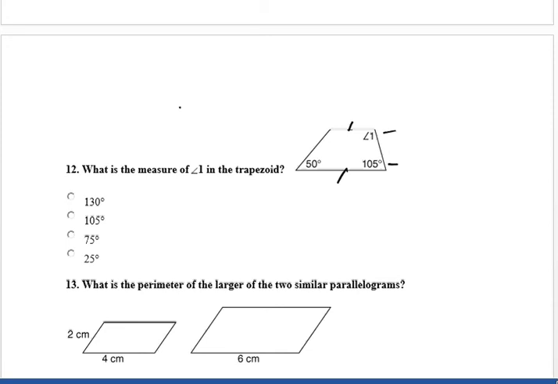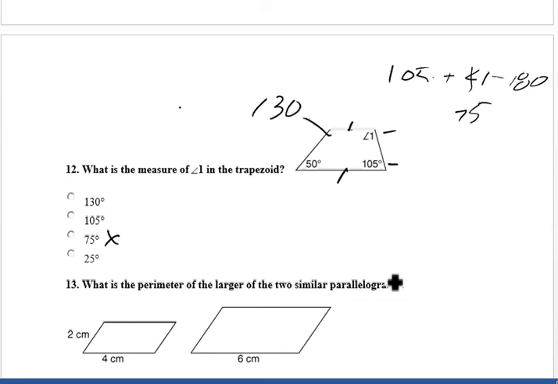So 105 plus angle 1 equal 180. And 105 plus 75 is 180. Is that a choice? Yeah. And so this angle has to be 130. But they don't ask us to figure that one out. They just wanted us to figure out angle 1, and we did.